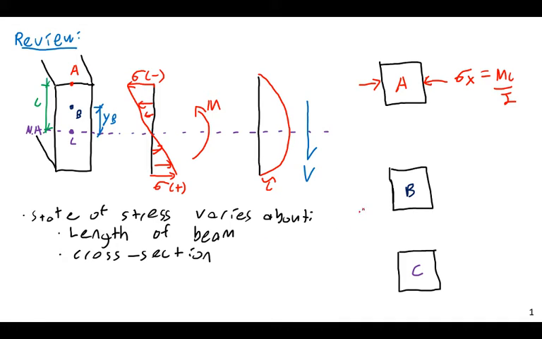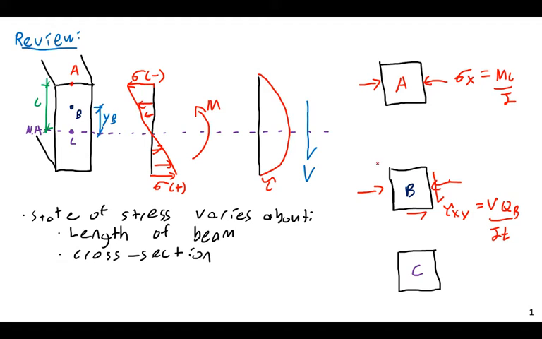Then at B, we have a combination of shear and moment. So at any point between A and C, we're going to have a combination of shear and bending. So we have a more complicated state of stress. We have these combined together, like this here. So tau xy equals V Q at B over It.